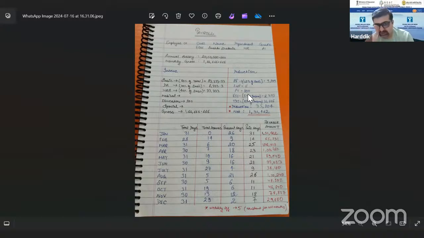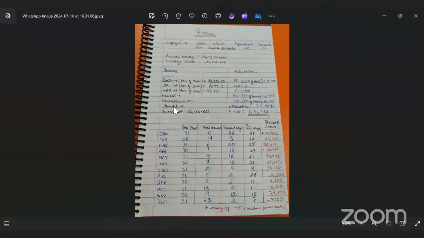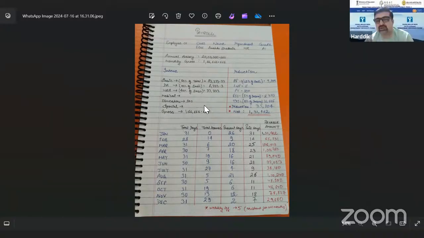See, in this entire mechanism, what we need to understand is your 20 lakh is fixed. Yes, sir. So the special allowance becomes your adjustment component.